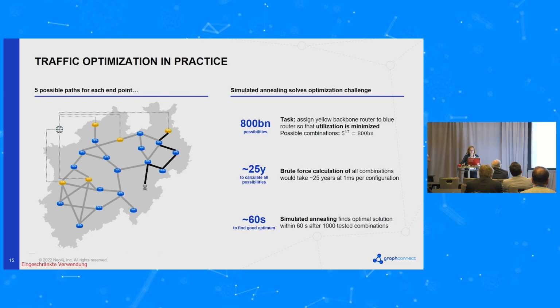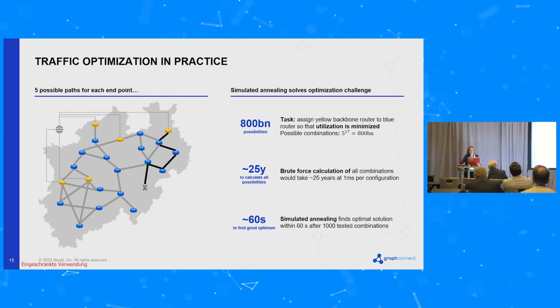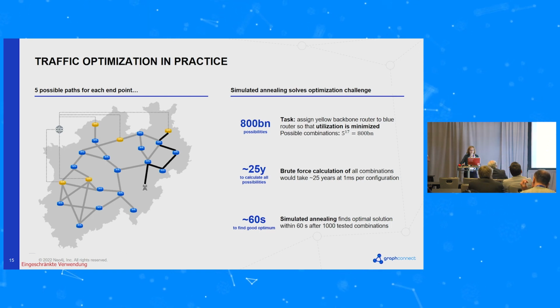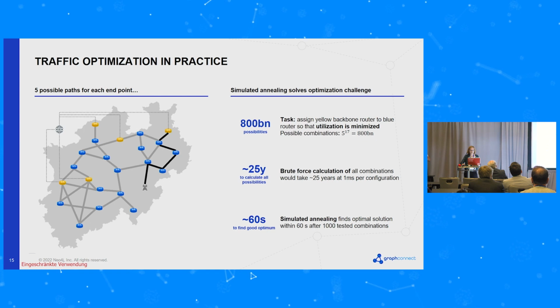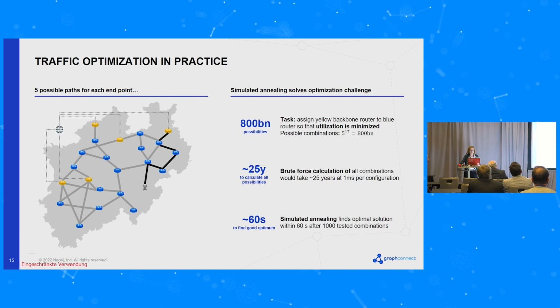And if you assume it takes 1 millisecond to test each configuration, you would need about 25 years. So this is not an option, obviously. So what we do is another thing. We use simulated annealing, which is a stochastic optimization method. And so we can find a very good solution by testing only 1,000 combinations, and it will take about 1 minute.